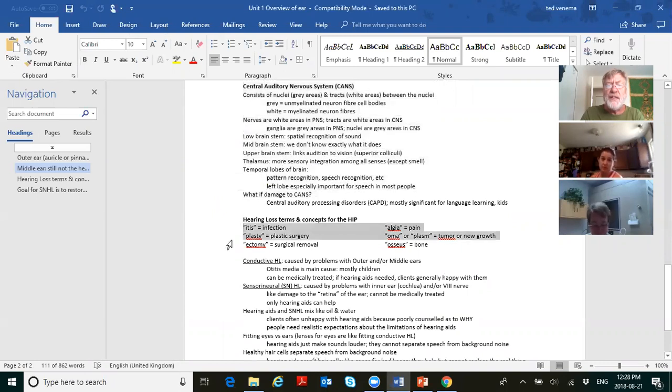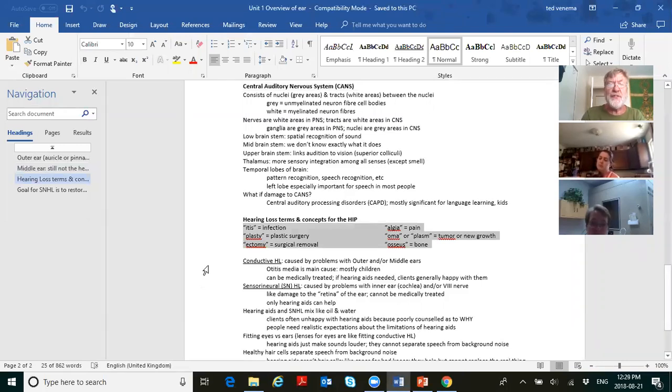Sometimes you'll see these terms here: itis, plasty, ectomy, algia, oma, osseous. Those are words that are useful for you to know in this field because they deal with pathologies of the ear, and you should make it your business to kind of know what those terms mean, okay? Nurses know what they are. We should too.